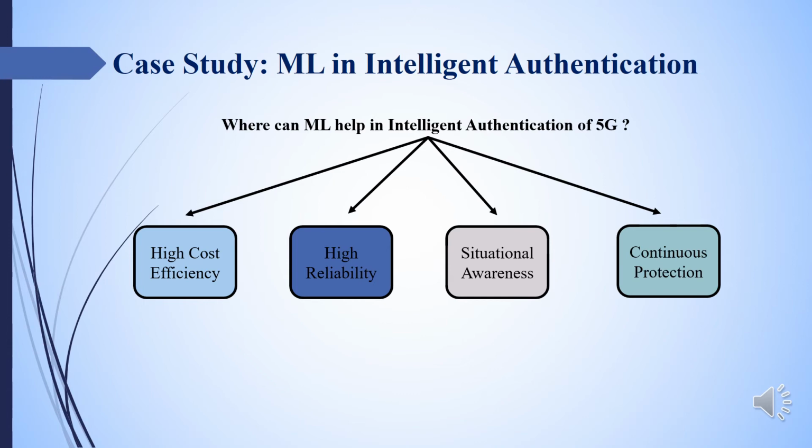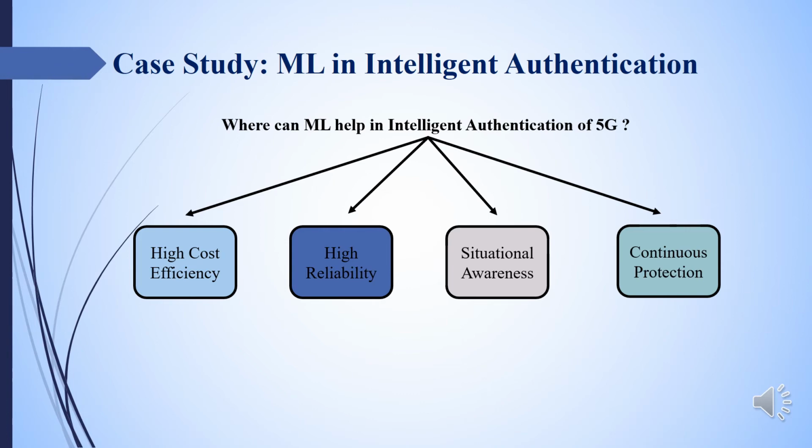Situational awareness is also a very complex topic. For example, an event occurred at a particular node or network. That node has to be updated along with all the adjacent nodes so that they know that this situation occurred. That is why situational awareness is also foremost important.